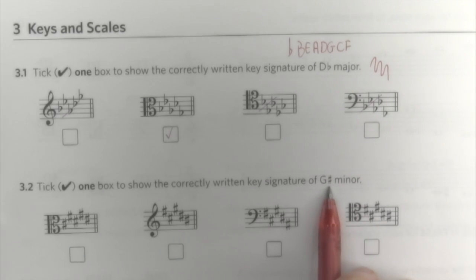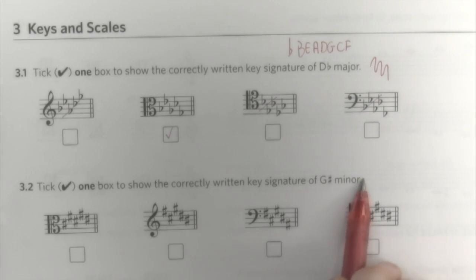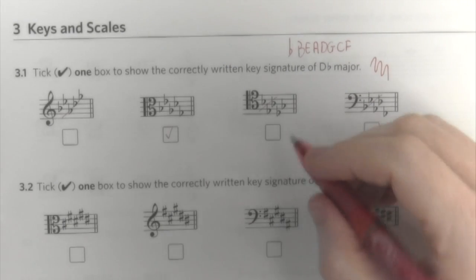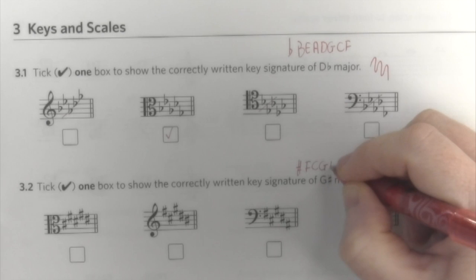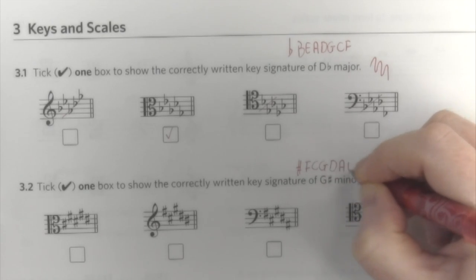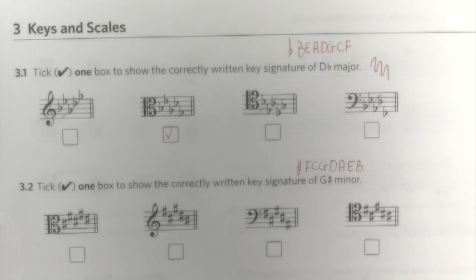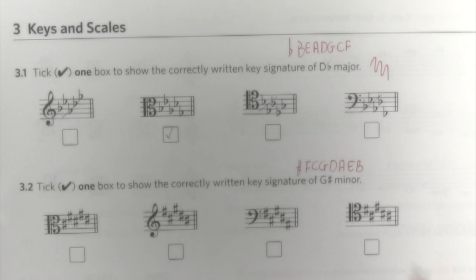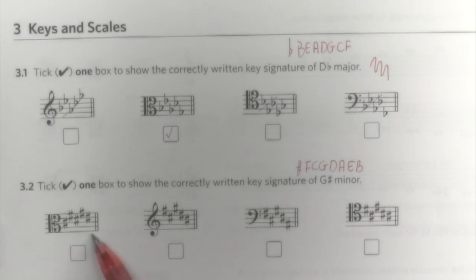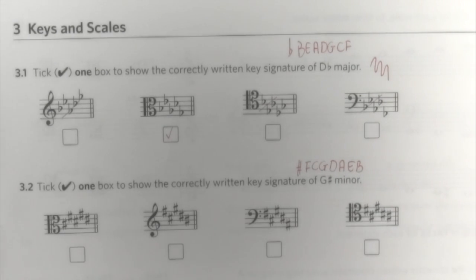G sharp minor is the relative minor of the key 3 semitones above, B major, and B major has Fa, Do, Sol, Re, La. B major minus 1 semitone is A, so it has 5 sharps. We have 5 sharps everywhere, so we can't exclude any box yet.